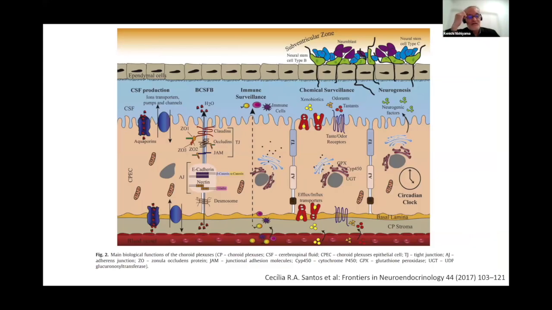Although the CPC can be beneficial in reducing the need for shunt, I personally still do not feel that I could confidently recommend CPC without a very detailed discussion of the possible long-term risks because of its several functions, such as immune surveillance, because that could be an entry point for the immune cells to fight intracranial infections, and chemical surveillance. That means a sensing function to some stress or inflammation, and neurogenesis.